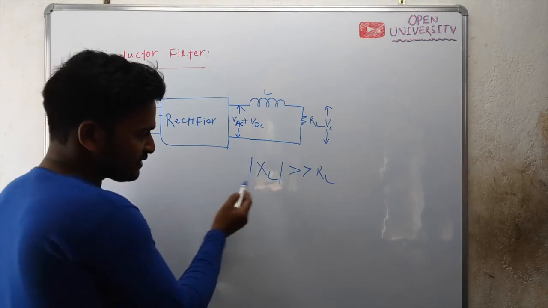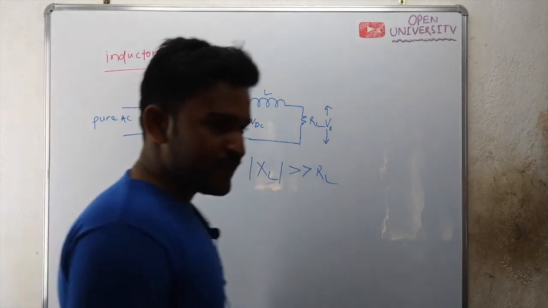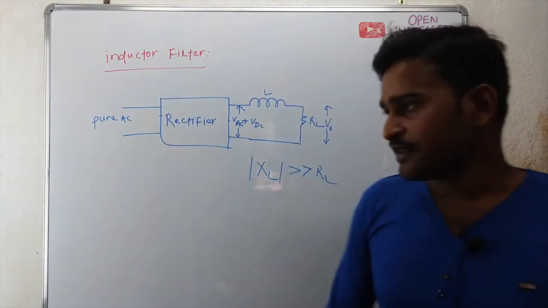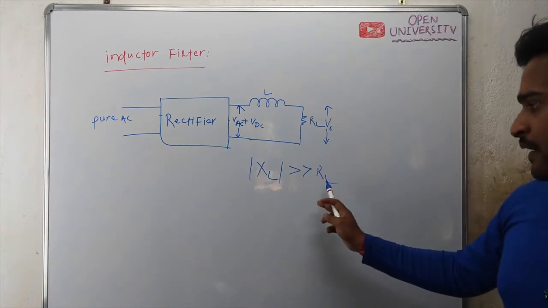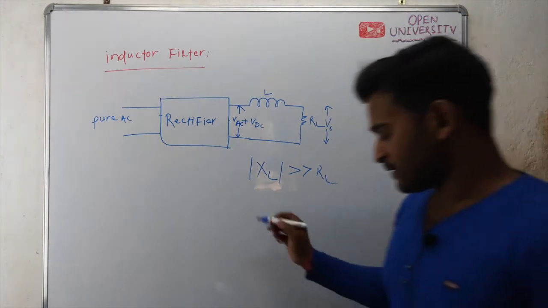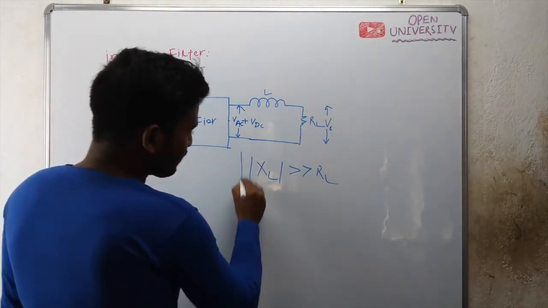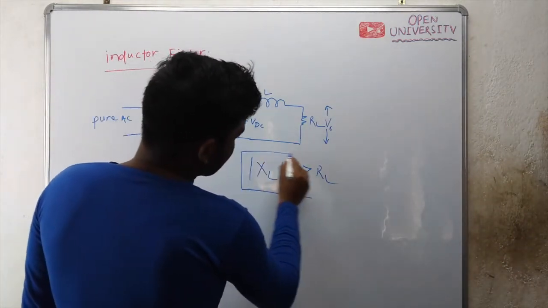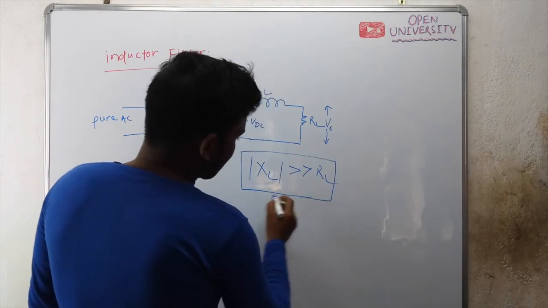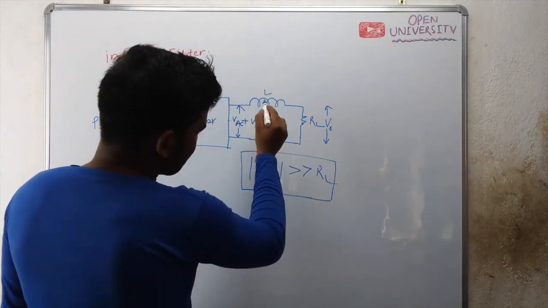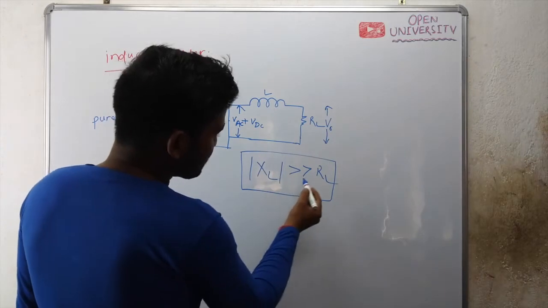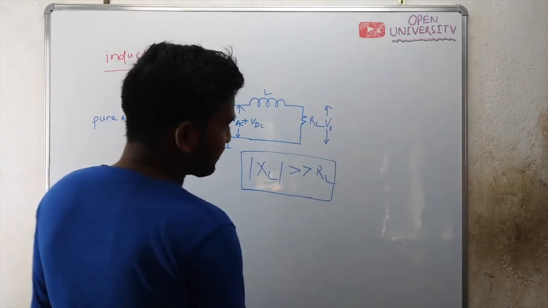Its reactance XL should be much greater than RL at ripple frequency. This is the condition of your inductor filter. In order to remove the AC components, the reactance of the inductor should be much greater than RL at ripple frequency.